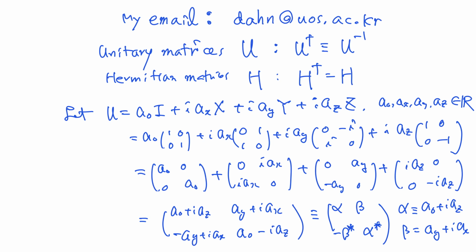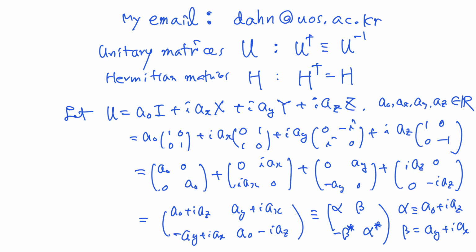I just defined this 2 by 2 general matrix the following way, and let's see if it produces unitary matrices. Simply put, the identity matrix, X, Y, Z with some coefficients. I assume that A0, AX, AY, AZ are all real numbers.